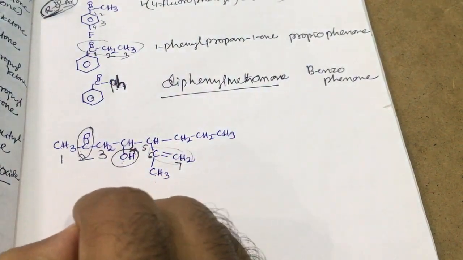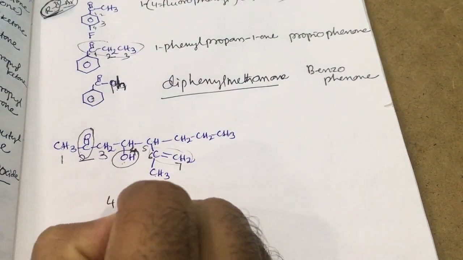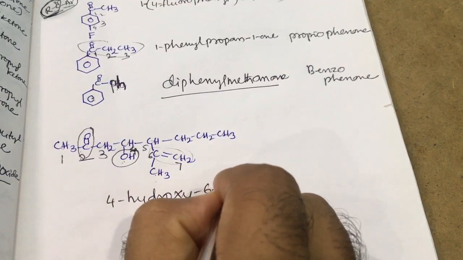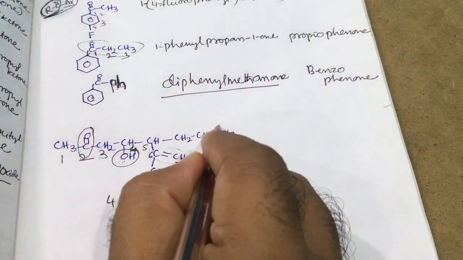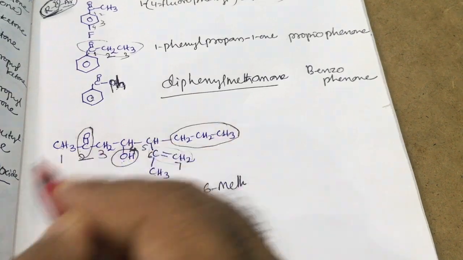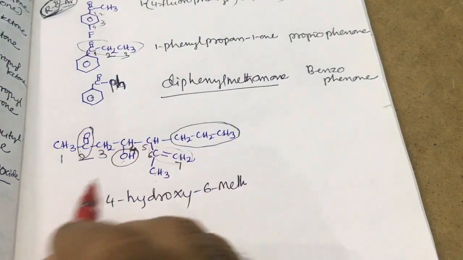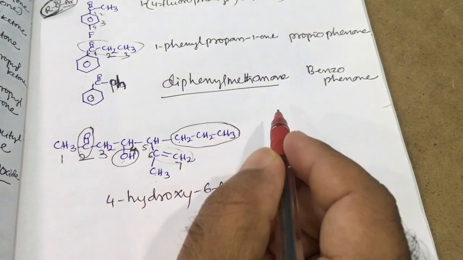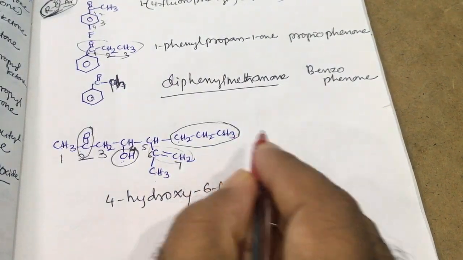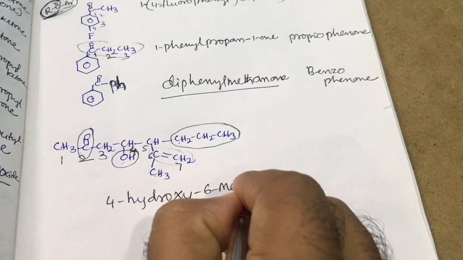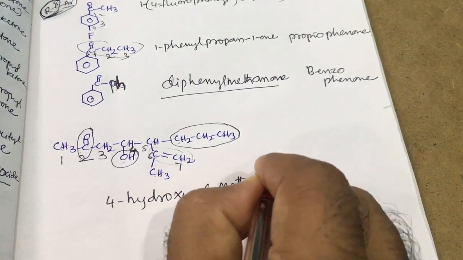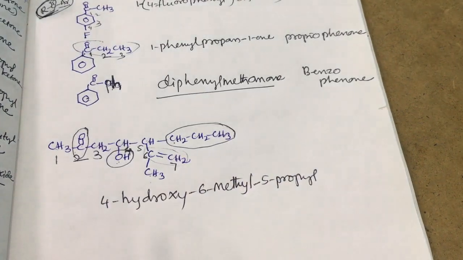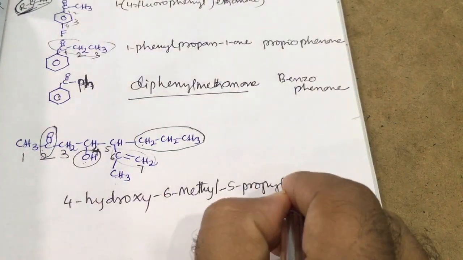That's why its IUPAC name is 4-hydroxy-6-methyl, and there is also another substituent at the 5th position. This is methyl, this is N, and generally propyl is considered: M, N, P, so P will come next. That's why 6-methyl and 5-propyl. Next, a total of 7 carbons.